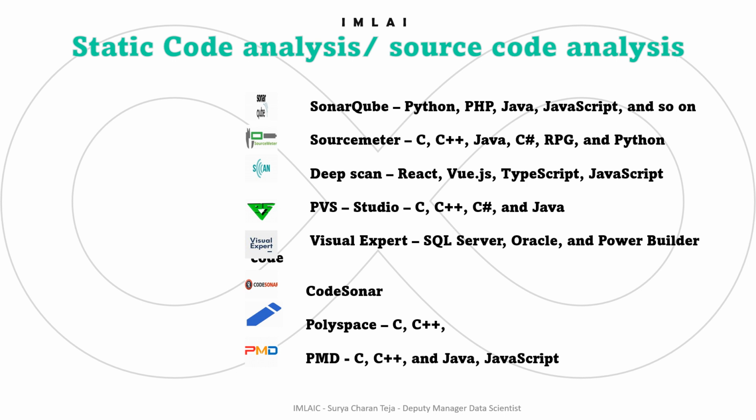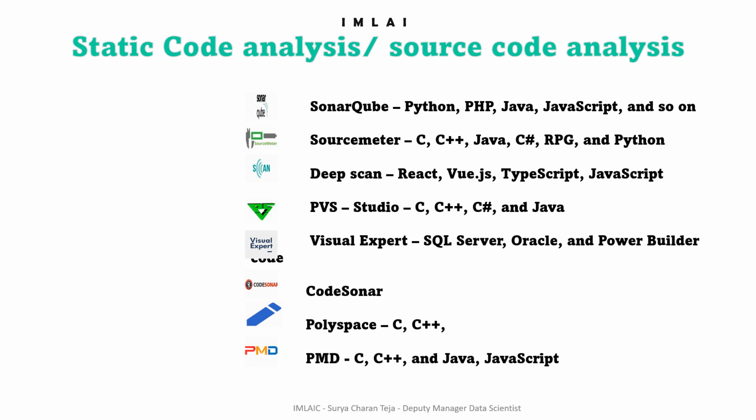So SonarQube is the one which is compatible with Python, PHP, Java, JavaScript, and so on. In addition to that, we use Visual Expert, CodeSonar, PMD, DeepScan, PVS. So that's it about static code analysis.